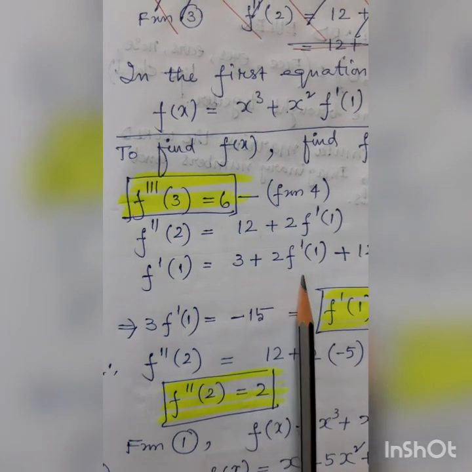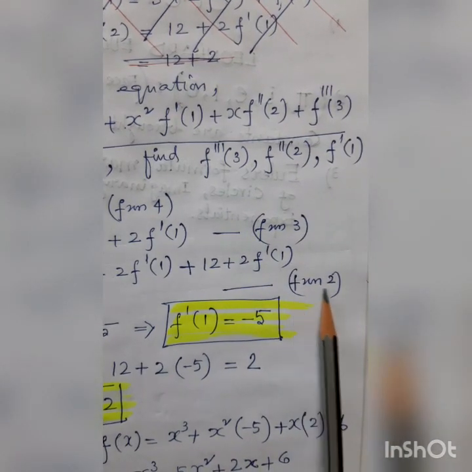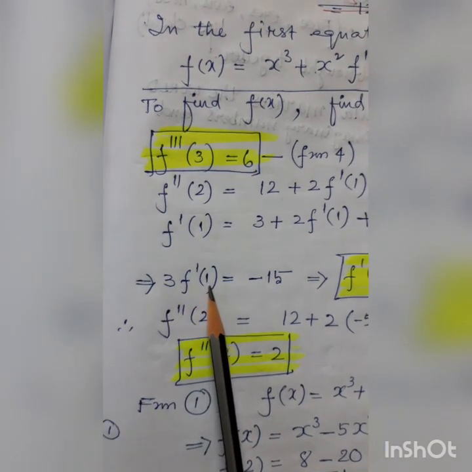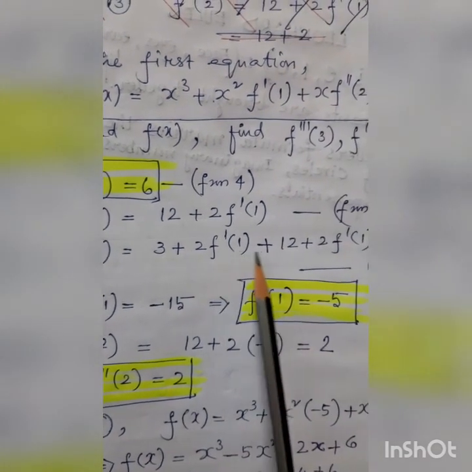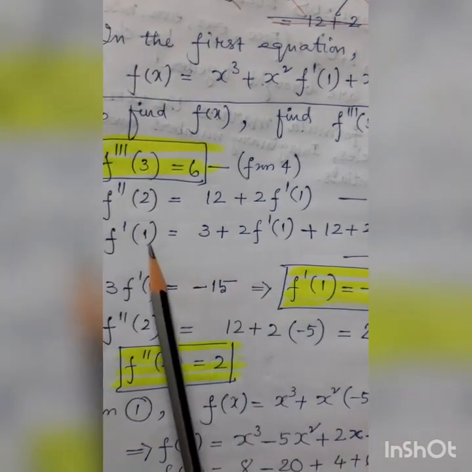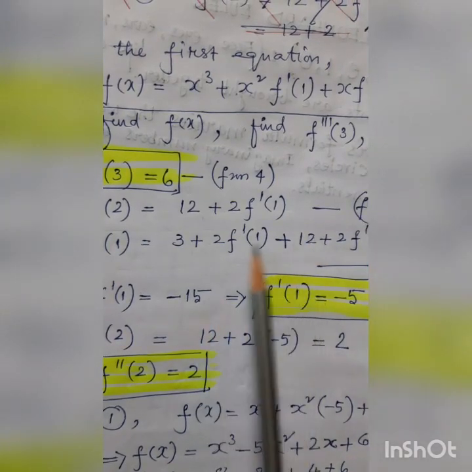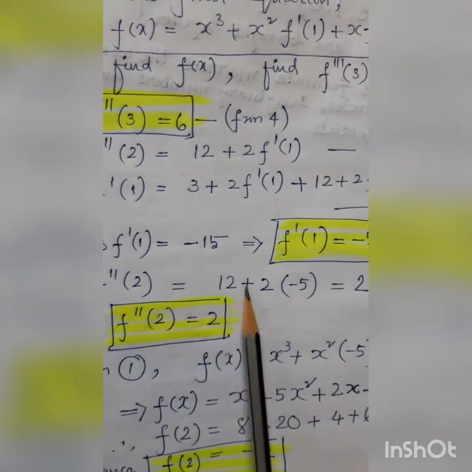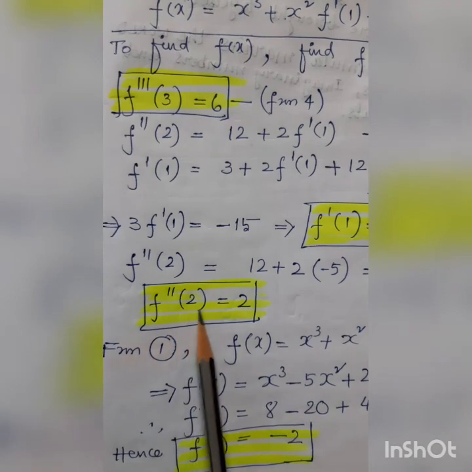So 3 plus 2 f dash 1 equals 12 plus 2 f dash 1 from the second equation. So 3 f dash 1 equals minus 15, because 2 f dash 1 and 2 f dash 1 make 4 f dash 1, and sending the f dash 1 to that side, 3 f dash 1 equals 12 plus 3, that is 15, minus 15, so f dash 1 equals minus 5. Therefore, f double dash 2 equals 12 plus 2 into minus 5, which equals 2. So f double dash 2 equals 2.